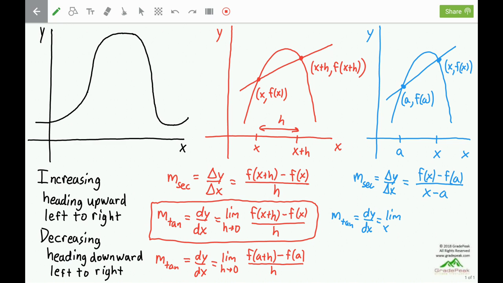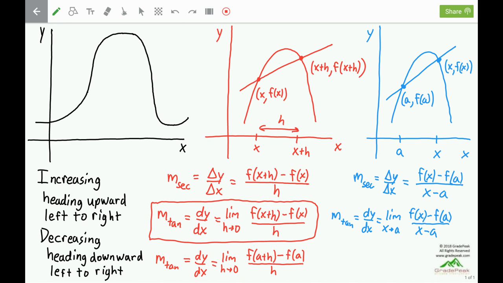And this will be accomplished by making x approach a. And that pushes the rightward point closer and closer to the leftward point so that we can mimic the steepness of the curve. And that'll look like so.